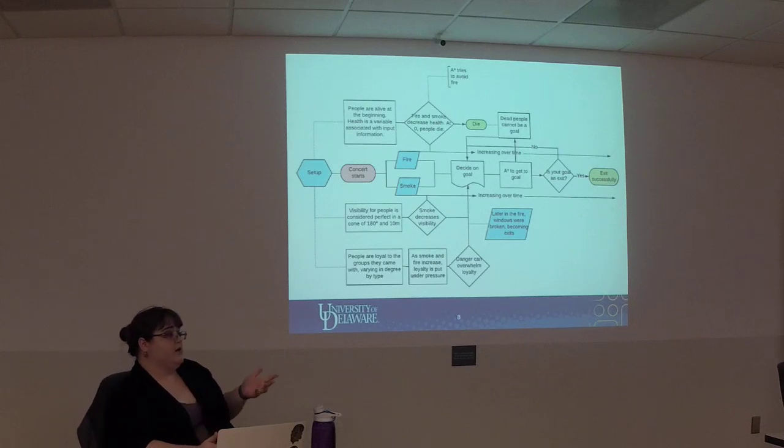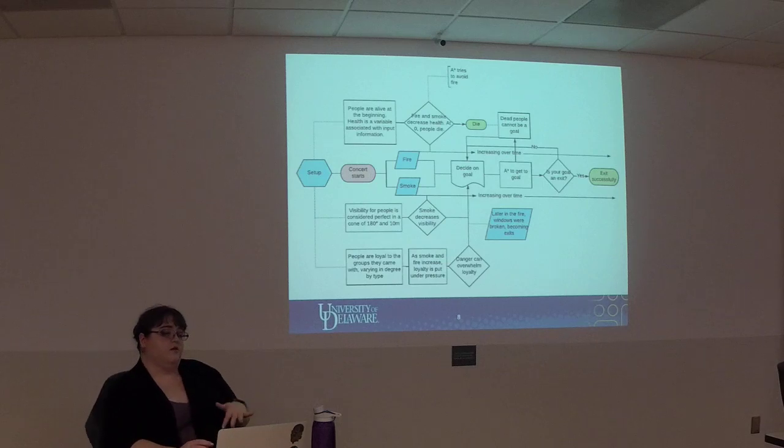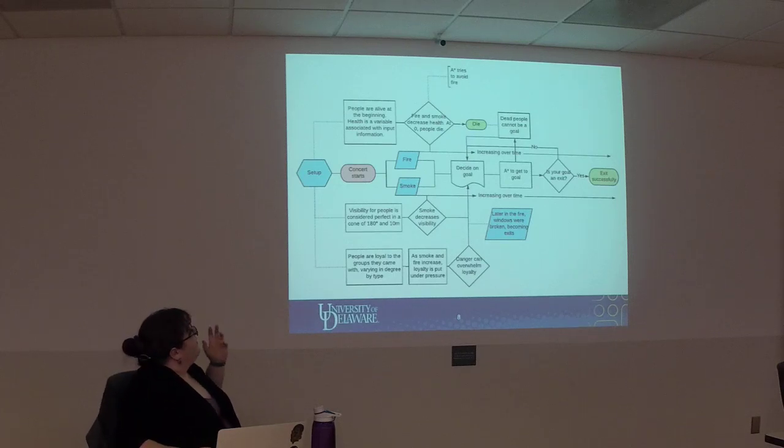Smoke has a bigger impact on health than fire does, partly because in people's preferred paths, they avoid fire as much as possible. The general heuristic for that is that they want to get where they're going as quickly as possible on a path that's less on fire. And then if health reaches 0, then people die.